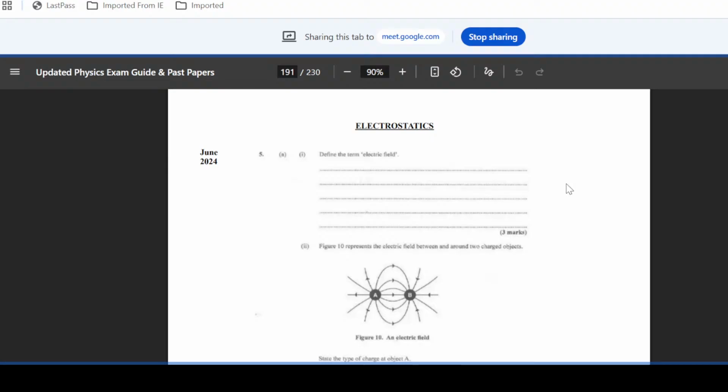With the diagrams that we saw earlier, when it comes to electric field, those lines represent the area around the charged object where you would experience an electric force.